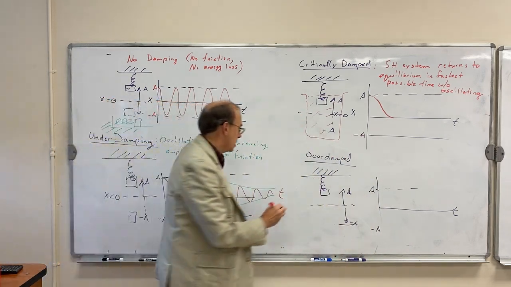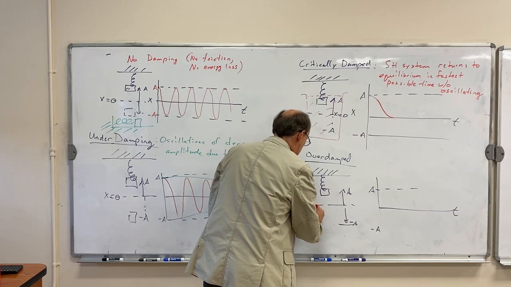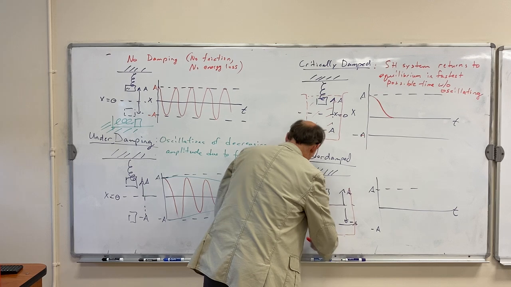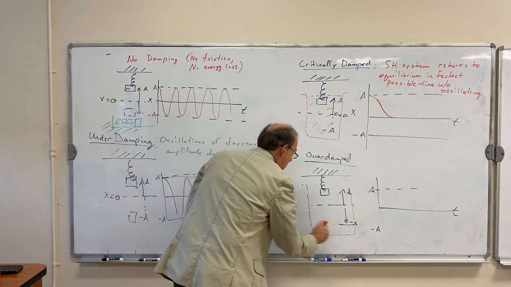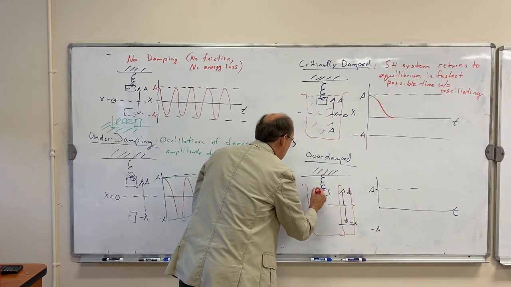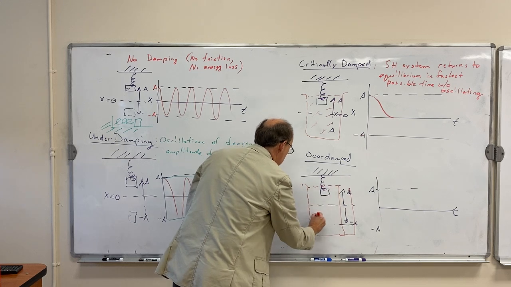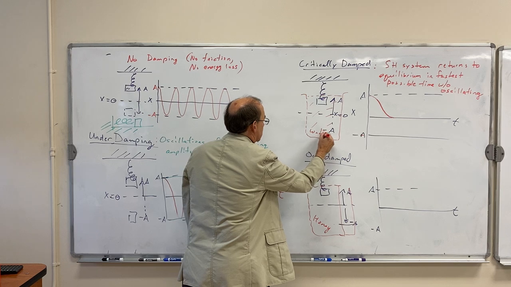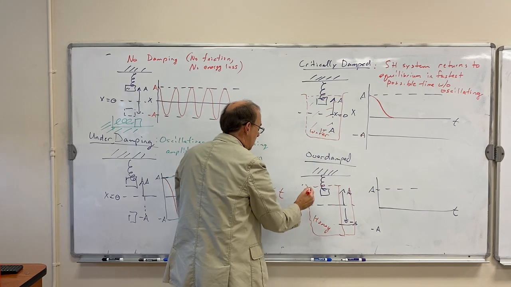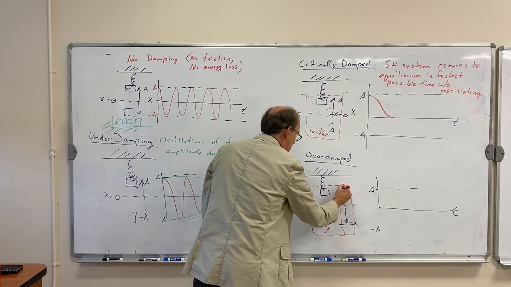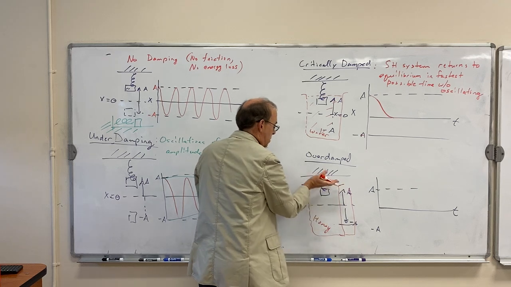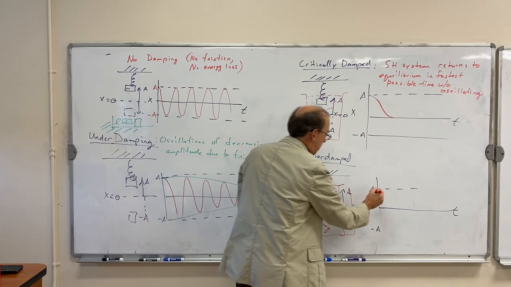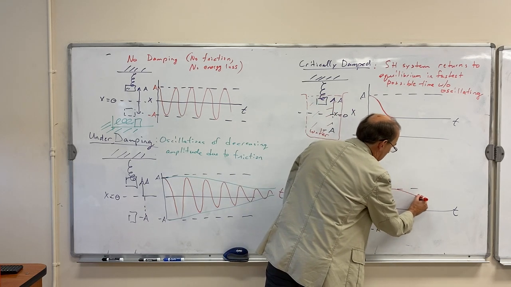So now, suppose I put this in the jar of something like honey. Maybe in your notes, call this water, just to give you some idea, and this is honey. So now this will take a really, really long time to return to equilibrium. So you get a graph something like this.